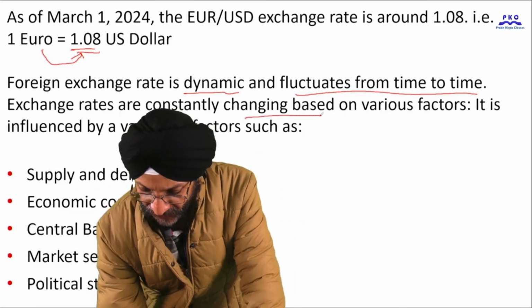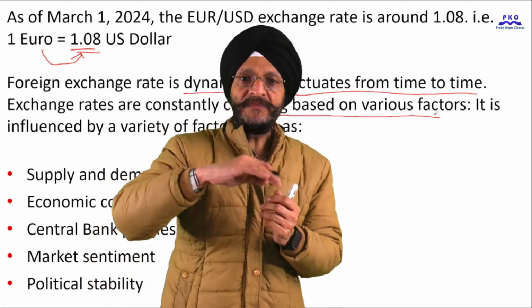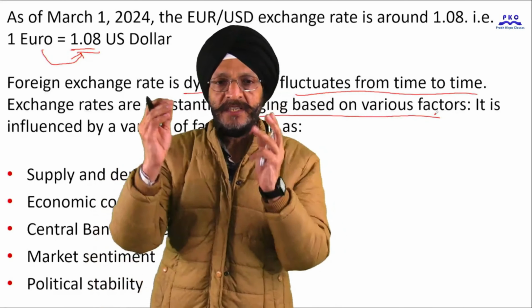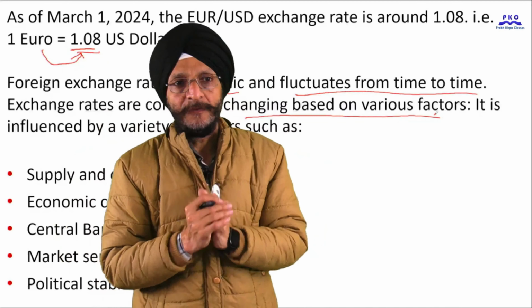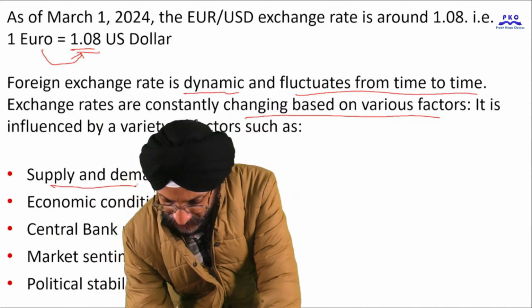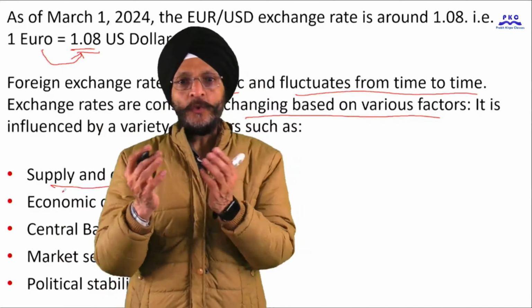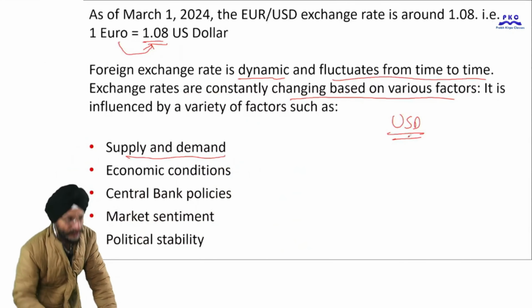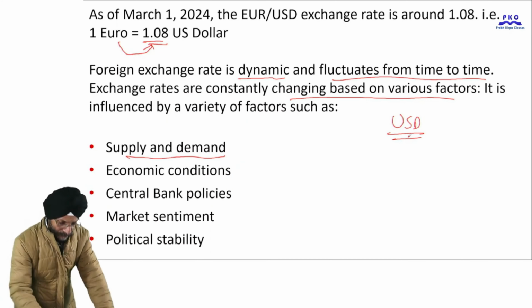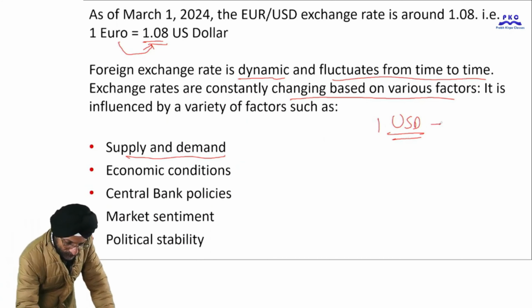Why do exchange rates change? Exchange rates fluctuate because they are influenced by different factors. What is supply and demand? Suppose there is a lot of demand for US dollars, and today suppose US dollar is approximately 83 Indian rupee.